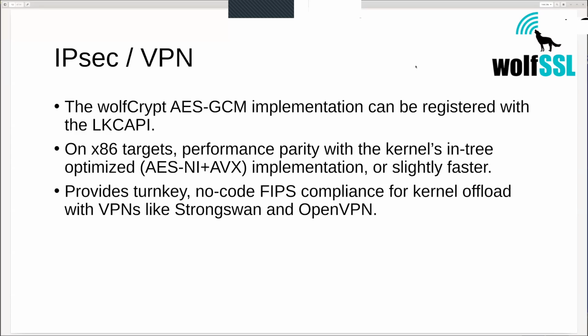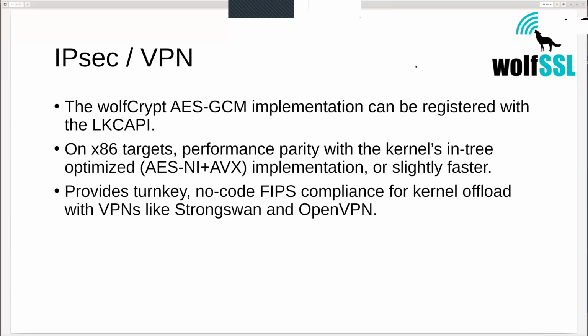Another obvious use case for kernel cryptography with similar dynamics around performance is anything to do with VPNs. I didn't put it in this slide deck, but it's not just VPNs like OpenVPN or StrongSwan or other IPsec based VPN solutions that benefit from this, but it's also TLS offload, which is sort of VPN adjacent.